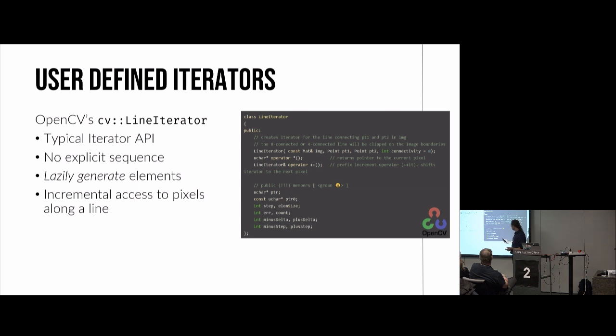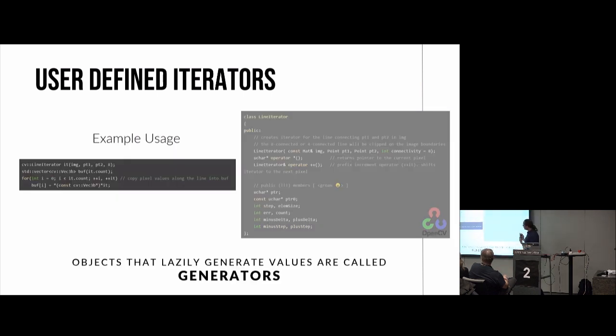Now, it also has a bunch of public members. However, the way you use it is actually very simple. I just copied an example from the documentation. We can create the line iterator. Let's say we want to copy the color values of all the pixels along this line into some vector.